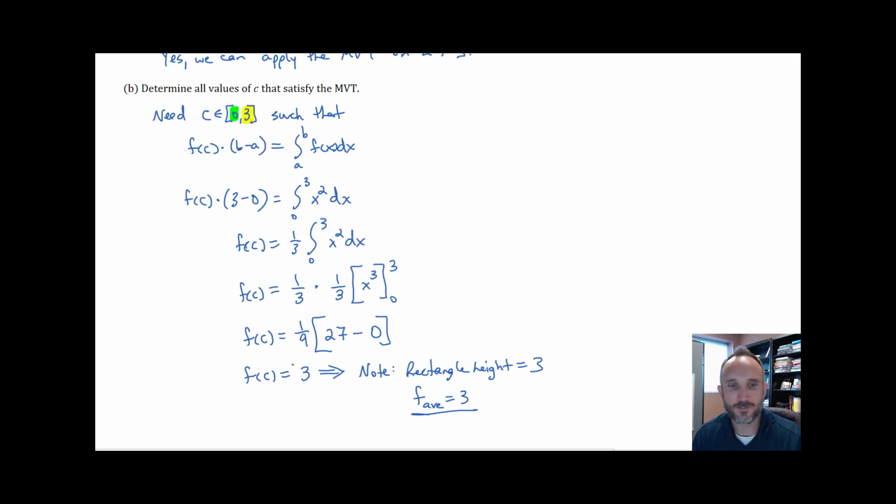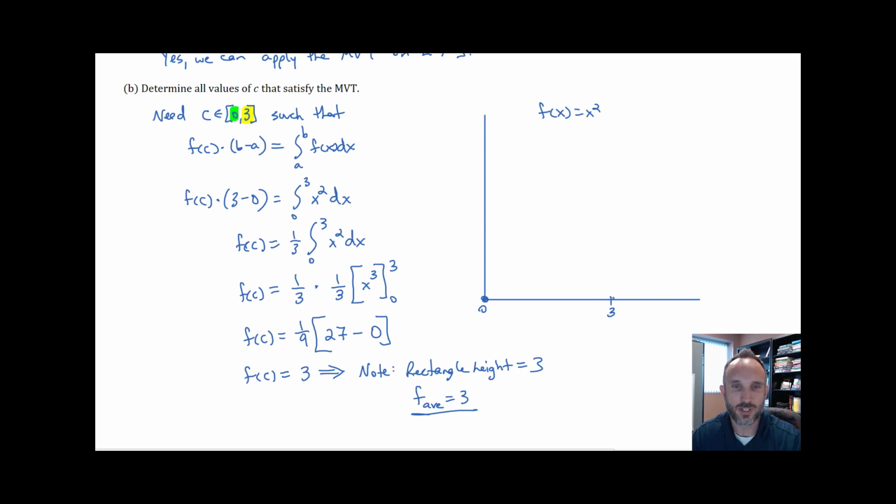Let's stop for a minute again to draw a picture of what's going on here, because I think connecting it to a picture can help. All right, so let's just sort of illustrate this now. We're looking at the x squared function from 0 to 3, okay? So I'm going to look at f of x equals x squared, right? If x is 0, y is 0 squared.